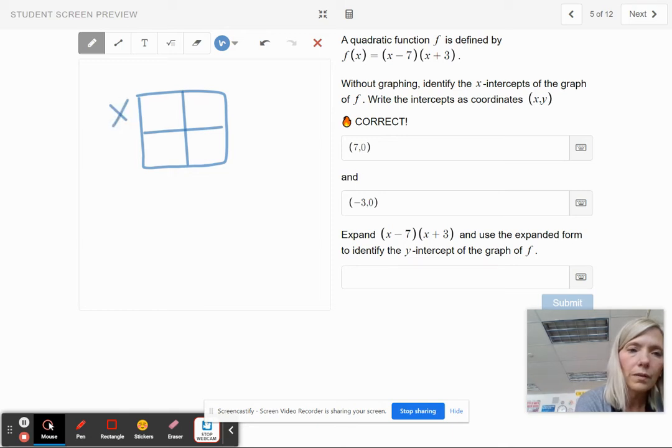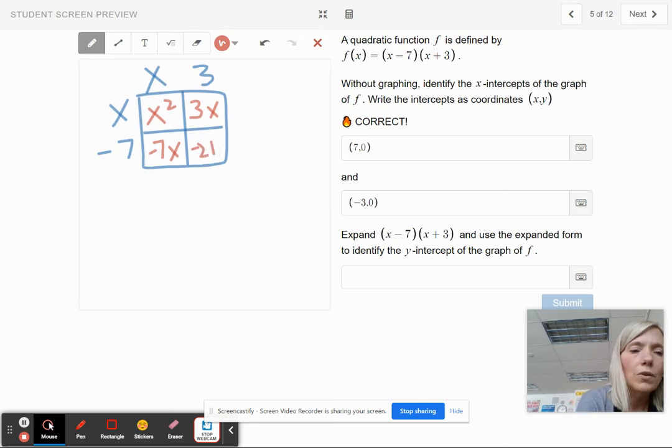So x minus 7 times x plus 3. When we multiply this out, we get x squared, 3x, negative 7x, and negative 21.